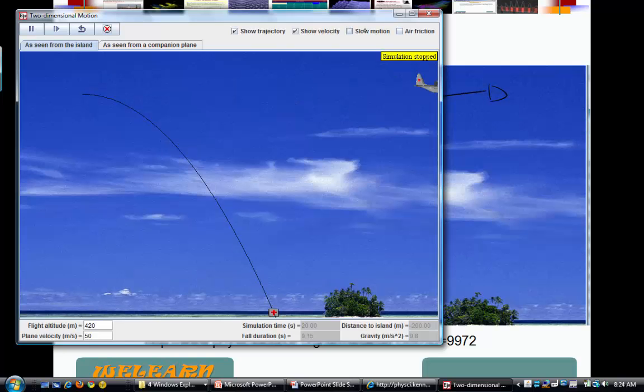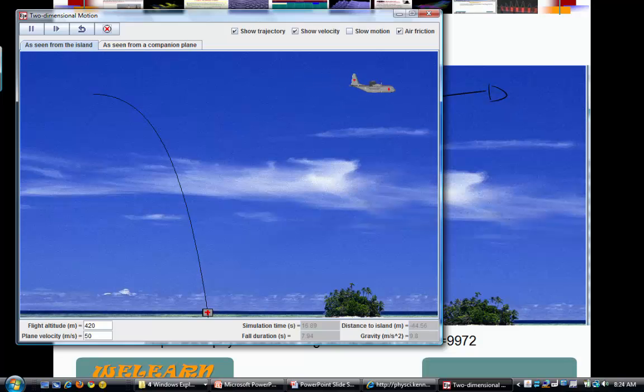Okay, now we are going to have reset, show velocity, air friction, okay, and we play. Okay, we release the package, and notice now that the package is going to drag behind the airplane.